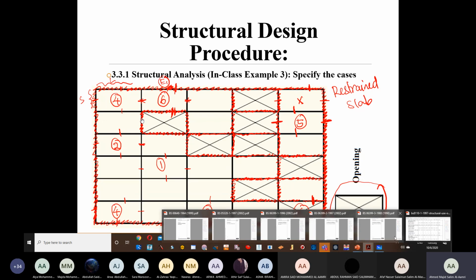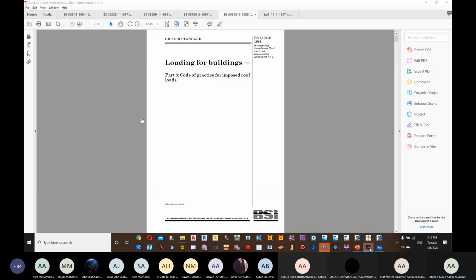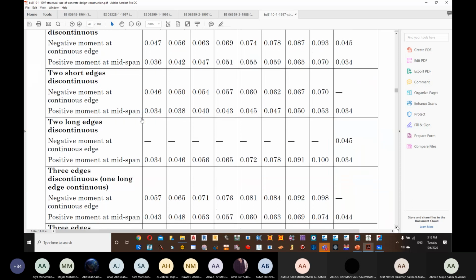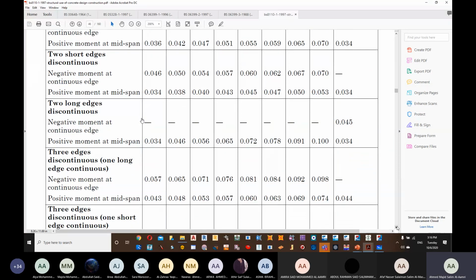Going for case number 7. It says three edges discontinuous. Now three are discontinuous, only one is continuous. No, it does not require time if you practice.